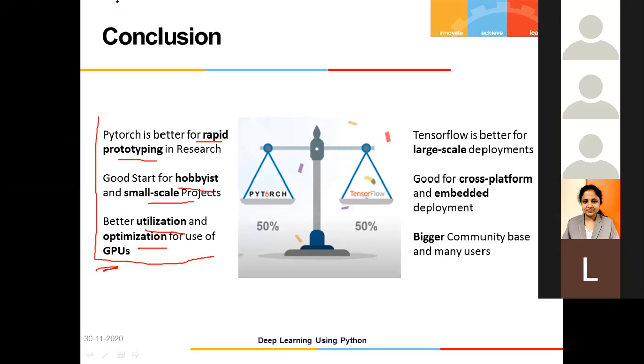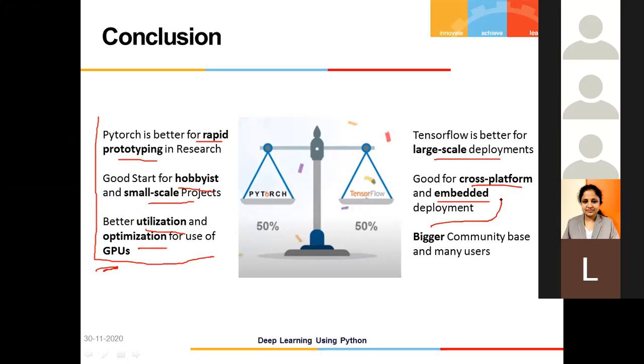But when you talk about TensorFlow, it is very good for large deployment, right? When you have a very large deployment, it is good, and it is good for cross platform and embedded deployment, right?